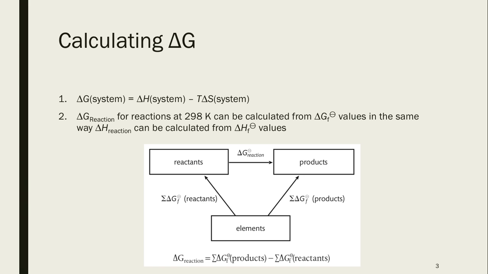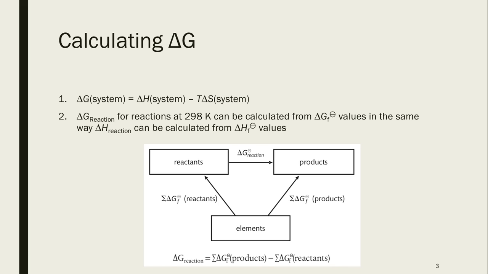So we can use the delta G equation, right? Delta H minus T delta S, as one method to calculate the change in Gibbs free energy. But at 298 Kelvin, we can also calculate delta G by using the Gibbs free energy of formation values, the same way that we can calculate delta H from the delta H of formation values.